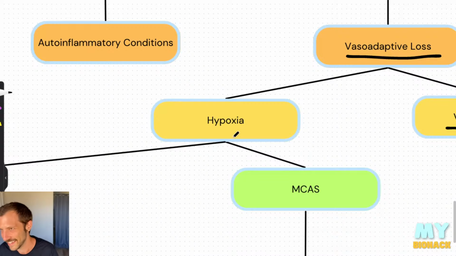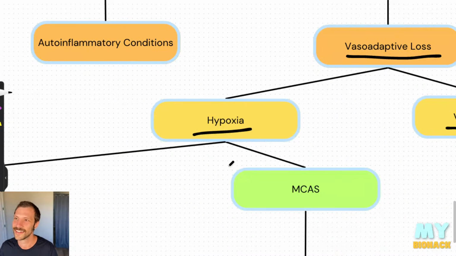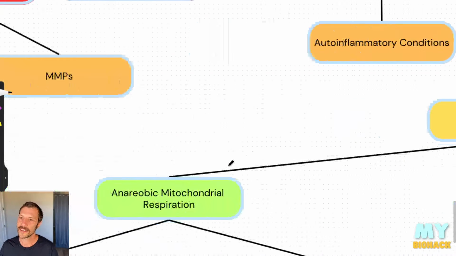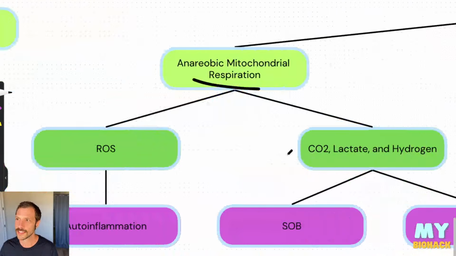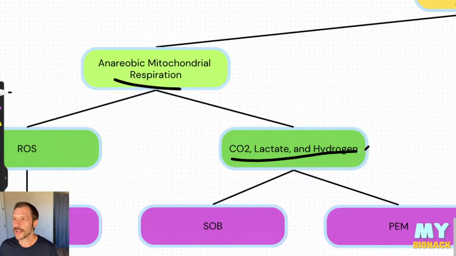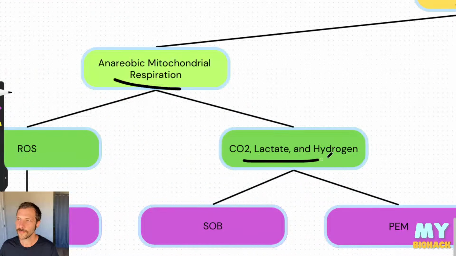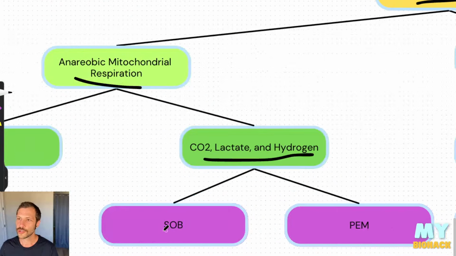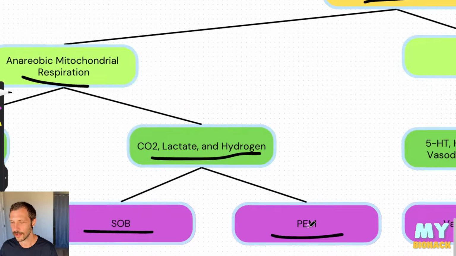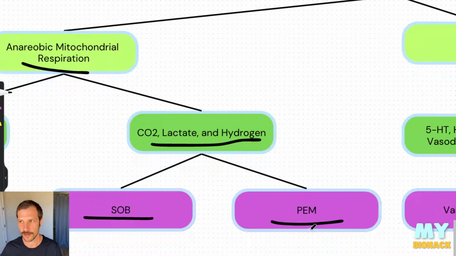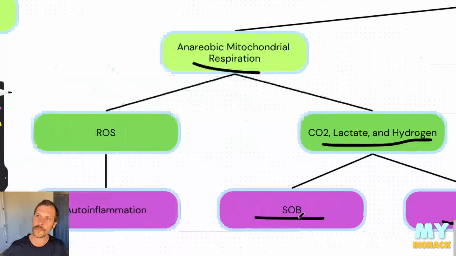Anyway, so you get hypoxia. Hypoxia is going to lead to anaerobic mitochondrial respiration. That creates things like carbon dioxide, lactate, and hydrogen, which gives you shortness of breath and post-exertional malaise. I hope you're linking some connections here, and this is insightful for you.